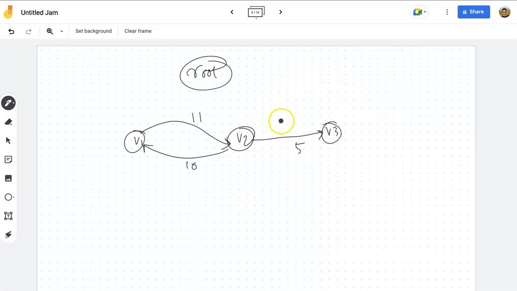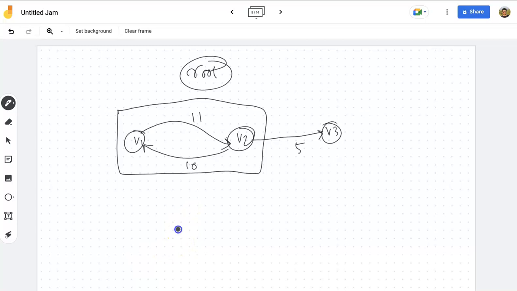Now the next step is that we need to check, is there any cycle? Obviously there is a cycle. If there is a cycle, then we need to contract this into one node and do the calculation again.